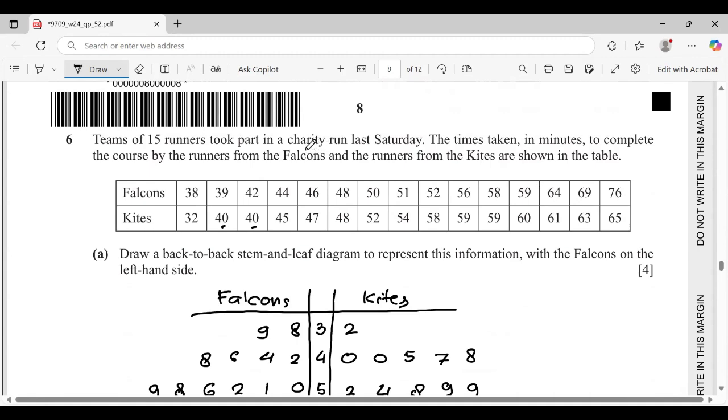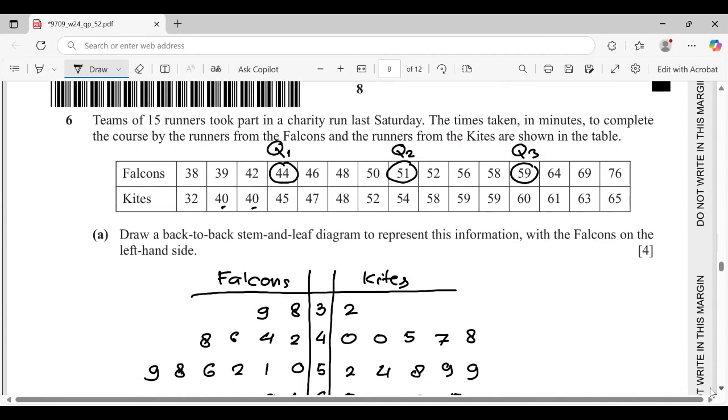So this is the median or second quartile. While this is the third quartile for Falcons. And after that, this is the first quartile, right?